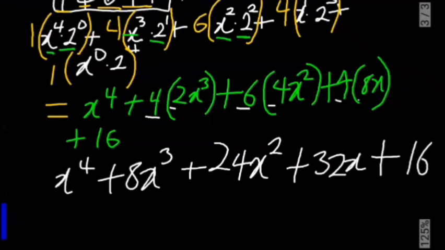So let me just show you a bonus tip here. Let's say we are given the question, what is 5 squared? We are told to find 5 squared. Normally, we know 5 squared is 25.